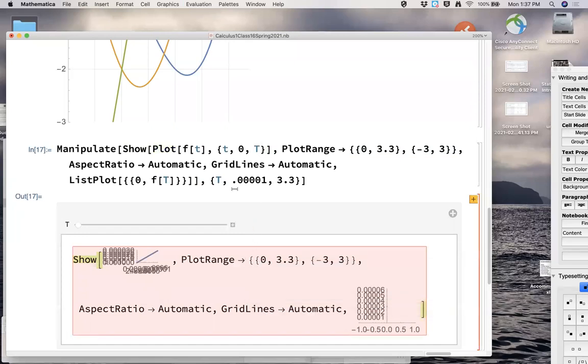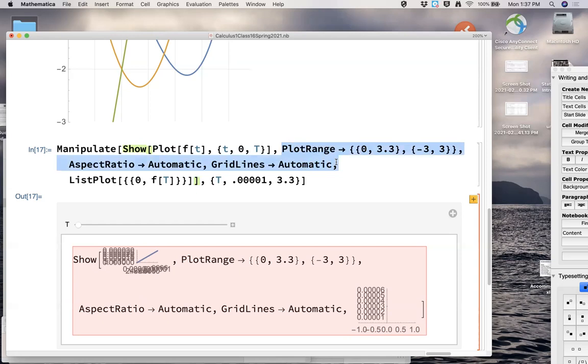Let's see. Fix my mistake. I can see this. There's probably a wrong square bracket somewhere or maybe an extra comma somewhere. Yeah, I think I know what I need to do.